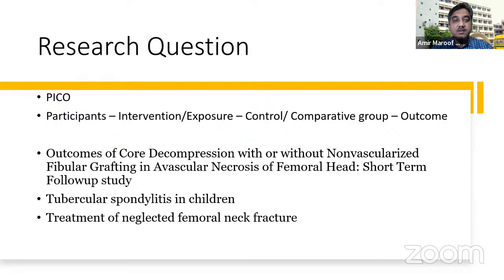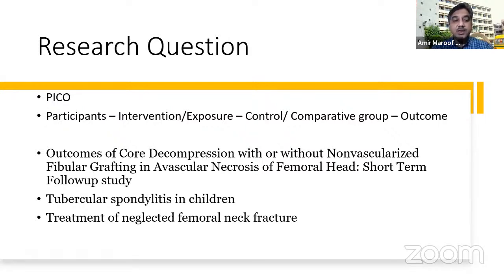The only difference is that as we move ahead from title to research question, we have to put it in question form. That is not kept here. So we will have to further modify it and mention it like: what are the outcomes of core decompression with or without non-vascularized fibular grafting in avascular necrosis of femoral head?